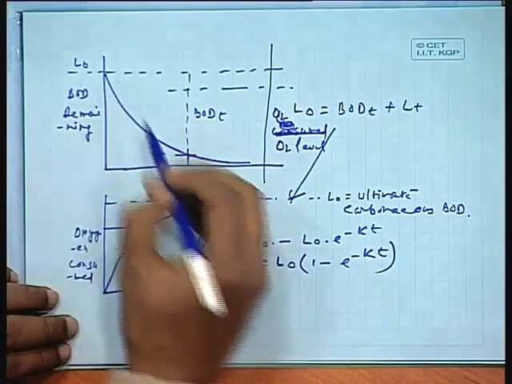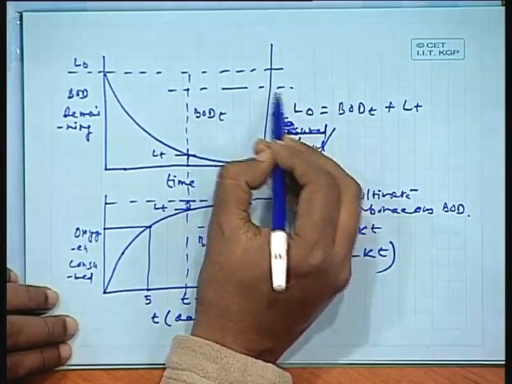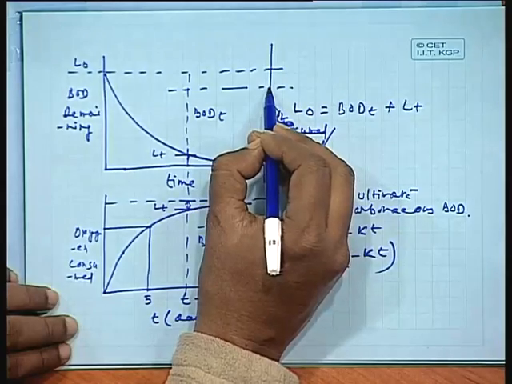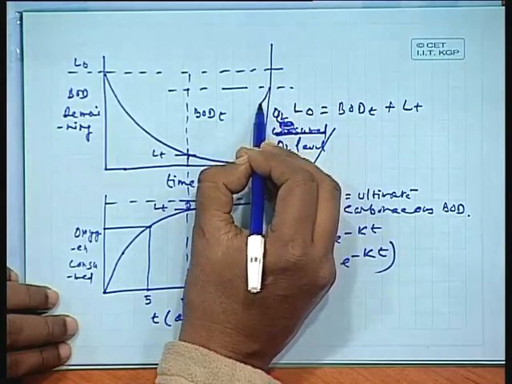It is not to coincide with L0. You can see this oxygen level would essentially decrease like this.